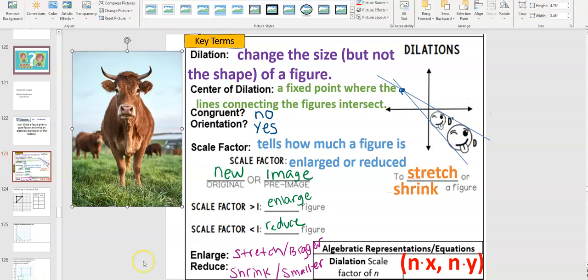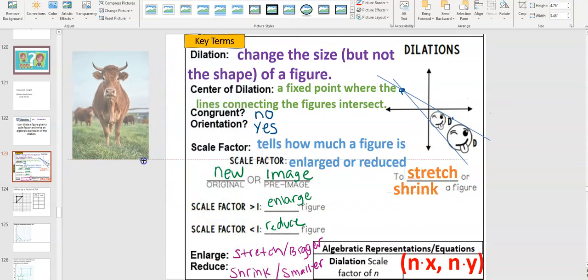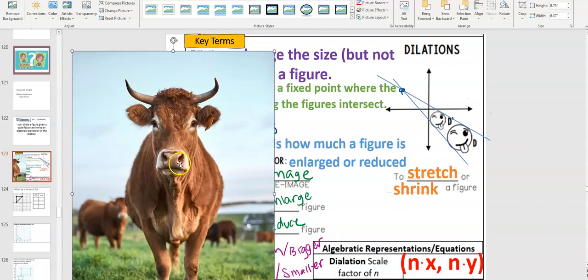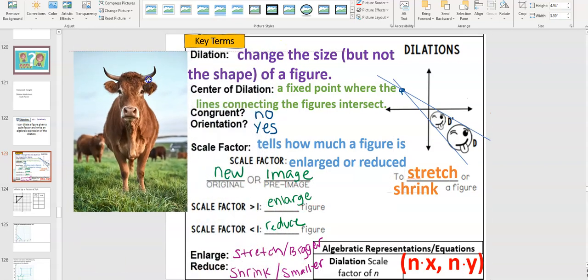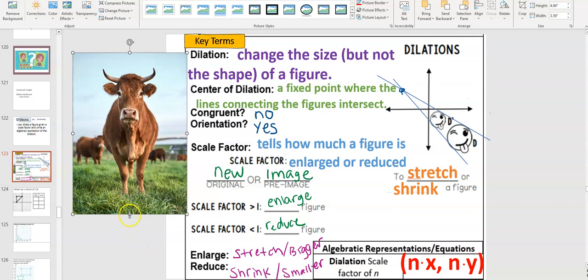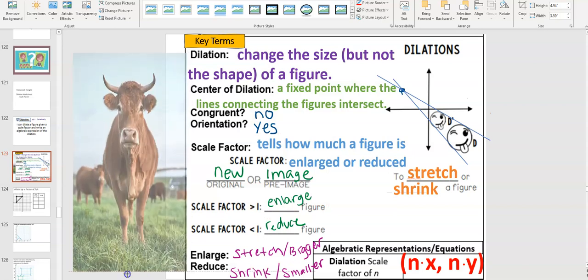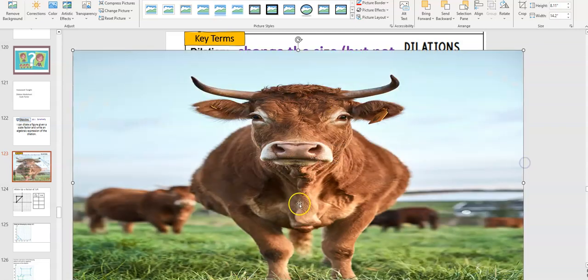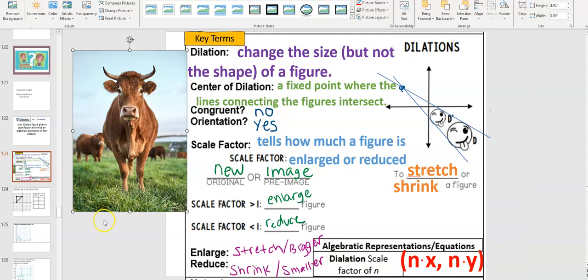A lovely example of a dilation would be when you have an image on a computer. I can grow or stretch or shrink this image, and the image stays the same. My little cow here still looks like a little cow. But if I was not keeping the proportions, then I would be elongating or widening the image, and this image does not look like my original cow.